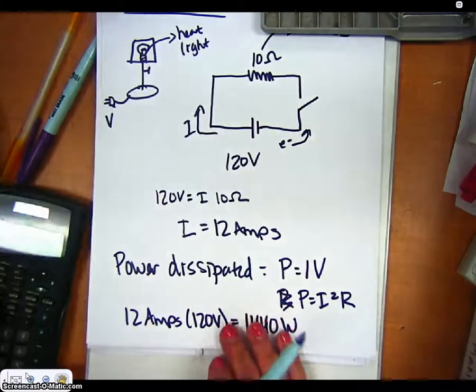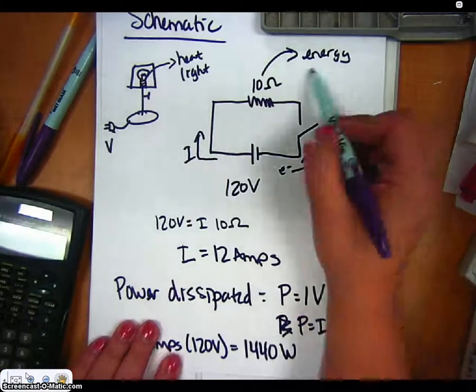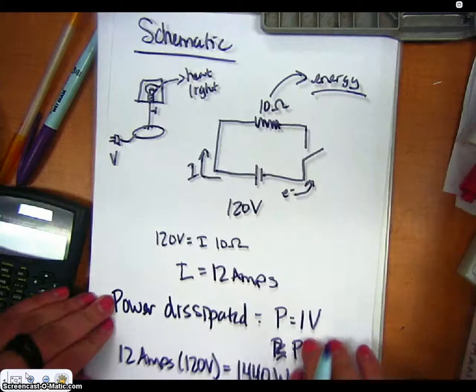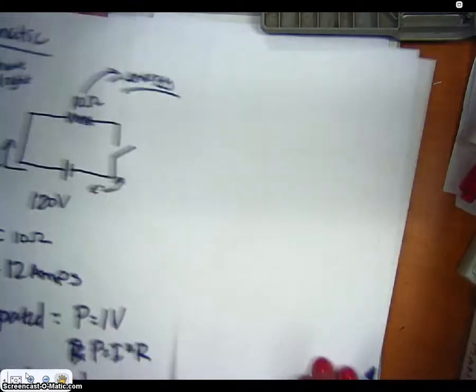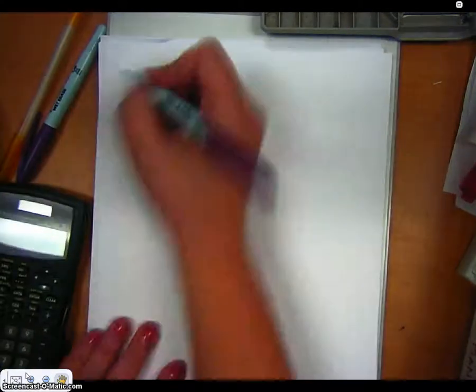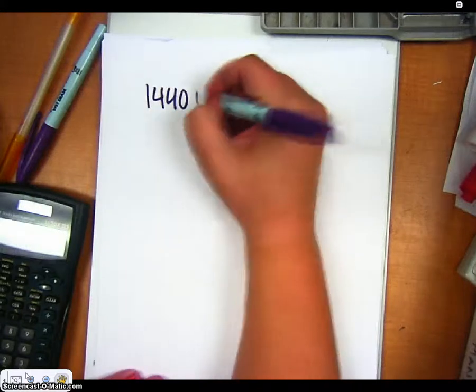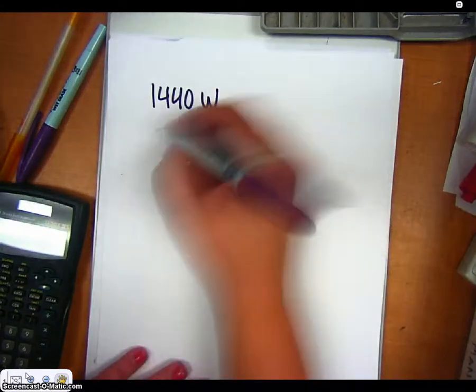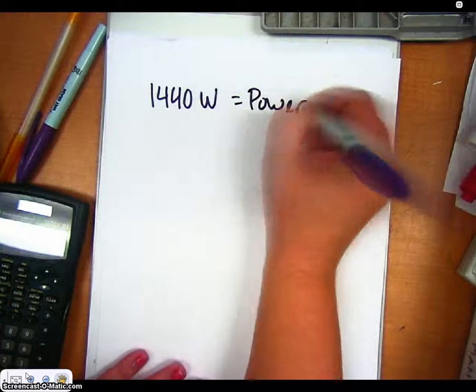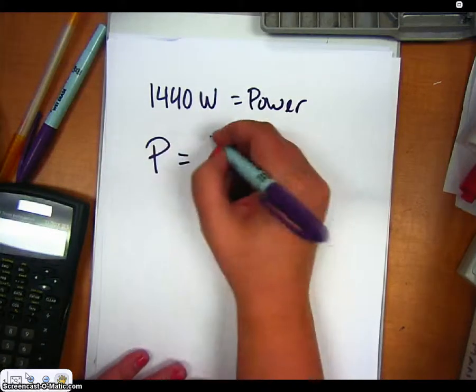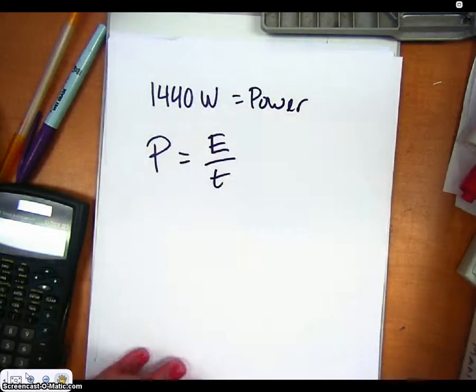Now, just one last thing is this whole idea of energy, right? So let's just recall that, I'm going to move this over here. Remember we had 1,440 watts, which is my power. Remember that power is energy over time.